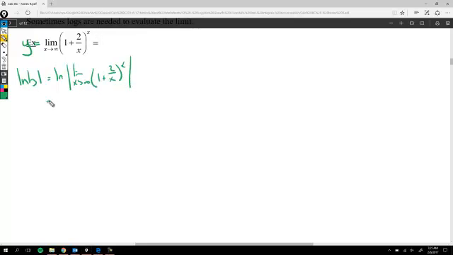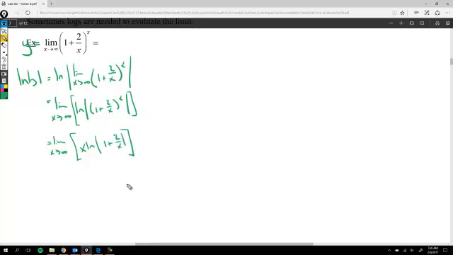Okay, now I can go ahead and bring my natural log inside of my limit. Totally fine. That does a lot of good things because now I can bring my x down. And then furthermore, I'm going to write this as a fraction.